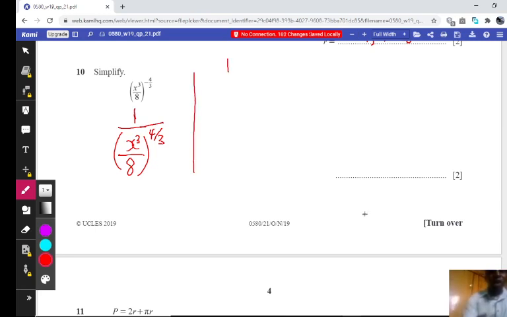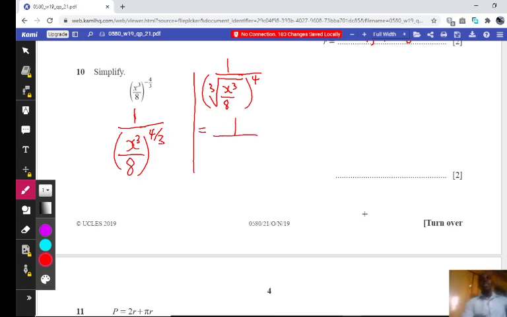Then you say 1 over, and on this denominator you apply the laws on fractional indices. You introduce the root here: x cubed over 8 here, then you put 3 and then 4.